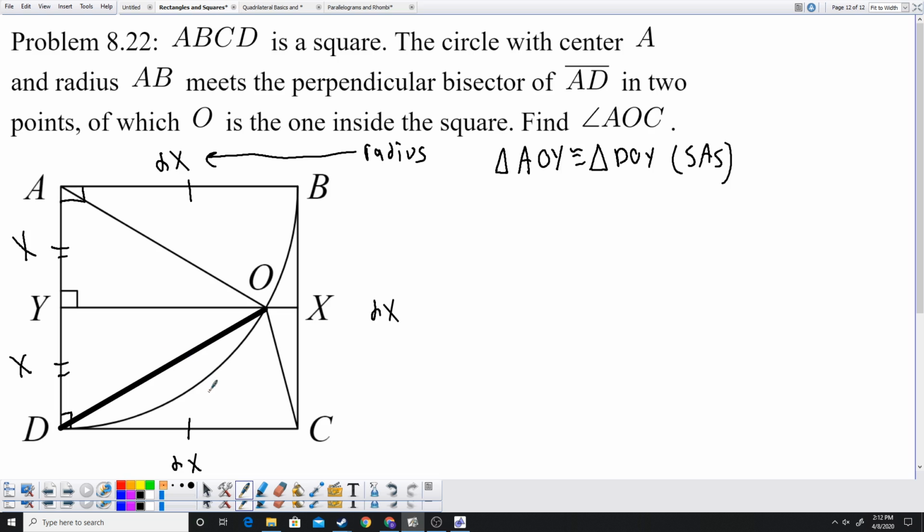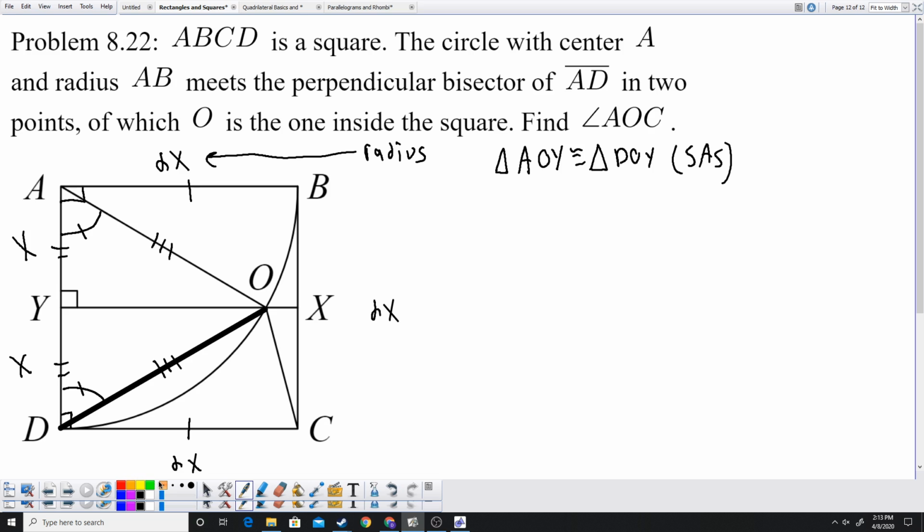And this is going to imply that the lengths here and here are the same, which means we have an isosceles triangle. So this angle here and this angle here is the same.